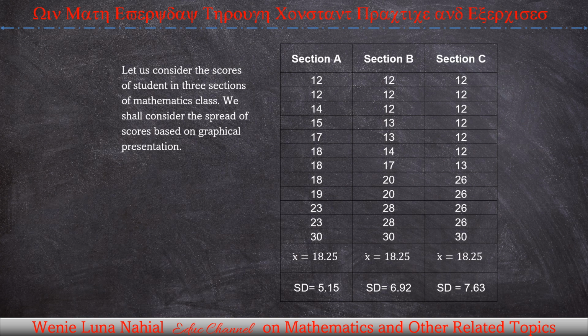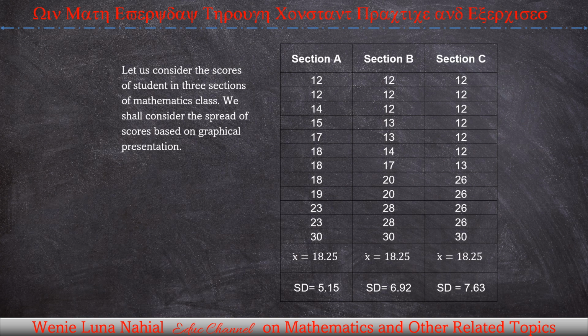Now, look at the test scores. We can see that the mean of the scores of the students in the three sections are the same. The mean is equal to 18.25. Now, the standard deviation for Section A is 5.15.